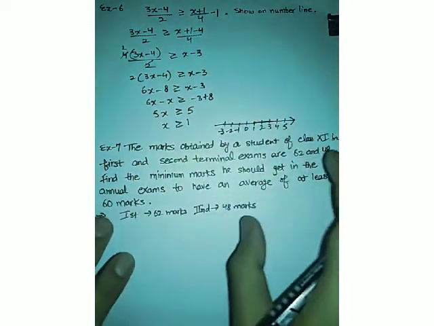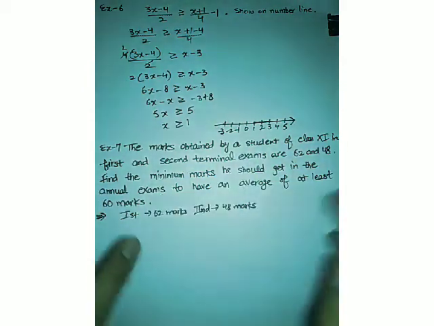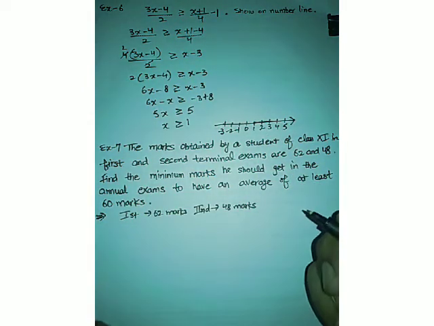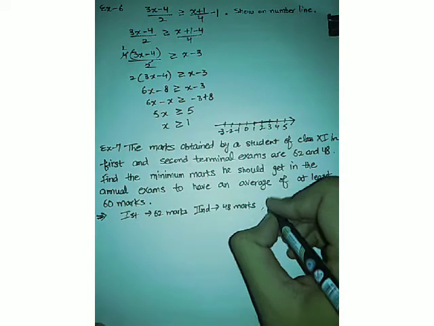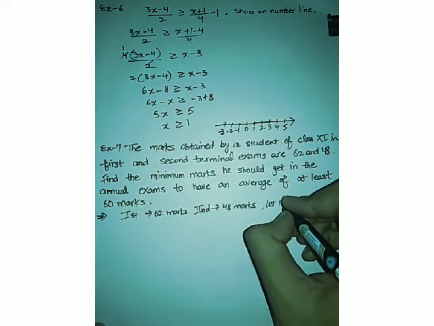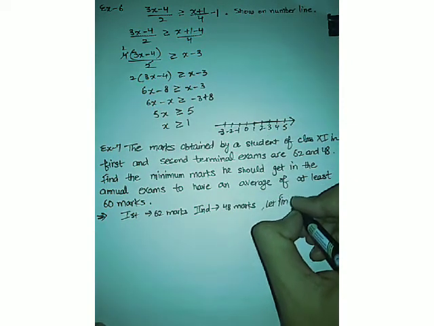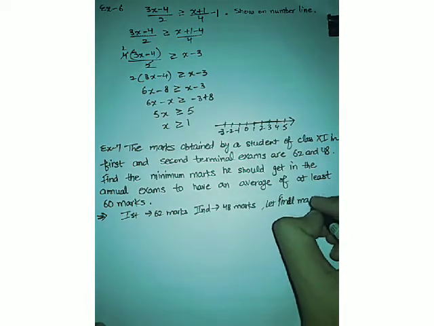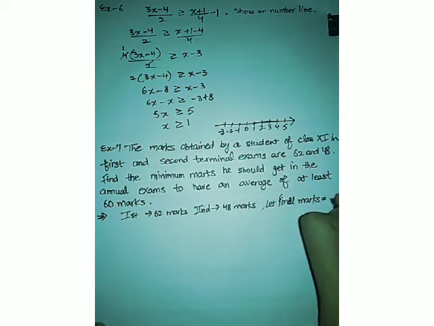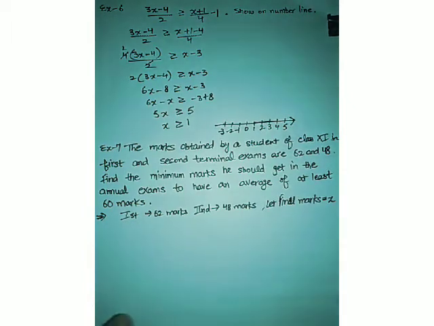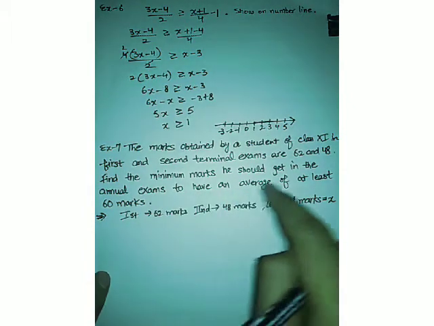We don't know how much he will score in the annual exam, but we have to find it. So when we have to find something, we just suppose it equals x. Let the final marks equal x. Clear? Final marks are x.